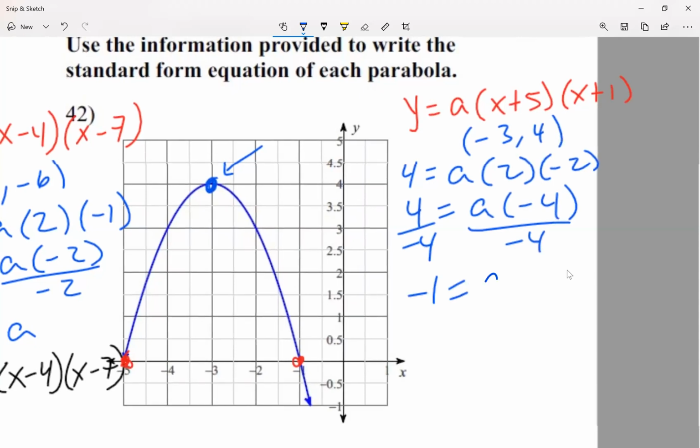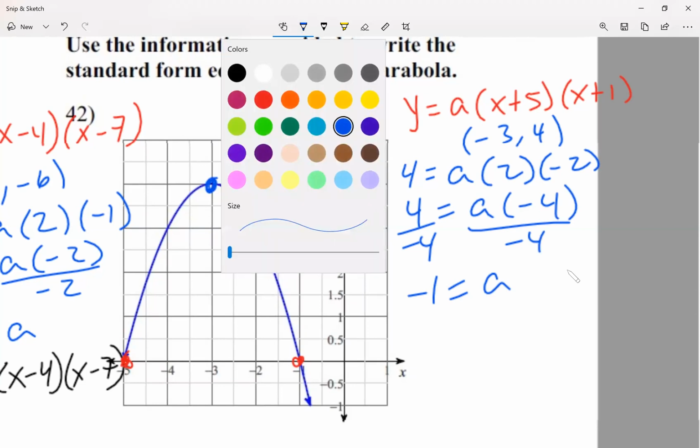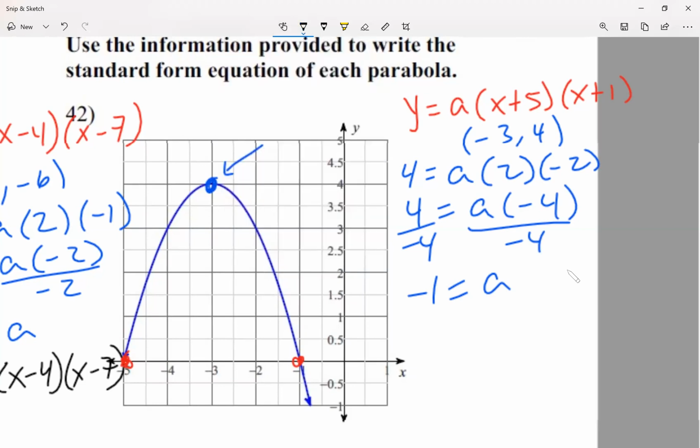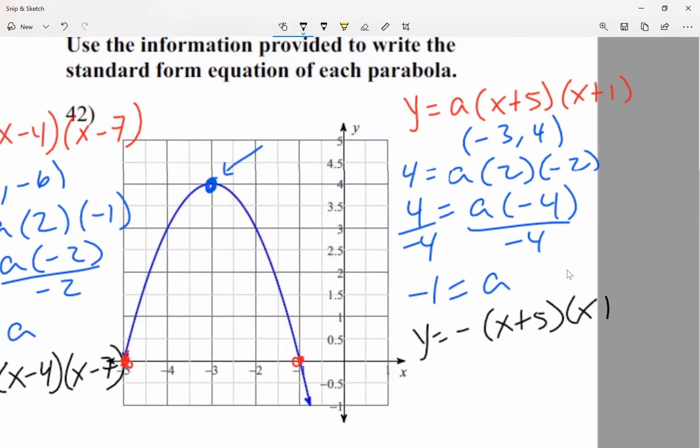So I get that a is equal to negative 1. So if this was just intercept form, I will write this as y equals negative 1 times (x plus 5)(x plus 1). This is if I'm writing the intercept form.